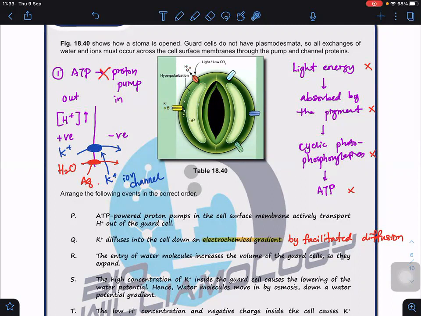When K plus moves out, it triggers a series of reactions. Chloride ions also move out. Water molecules also move out because of the lack of ions. Correct? K plus moves out, chloride ions move out, so there is an accumulation of ions outside of the guard cells. Therefore osmosis takes place, and water molecules move out. So it's the opposite.